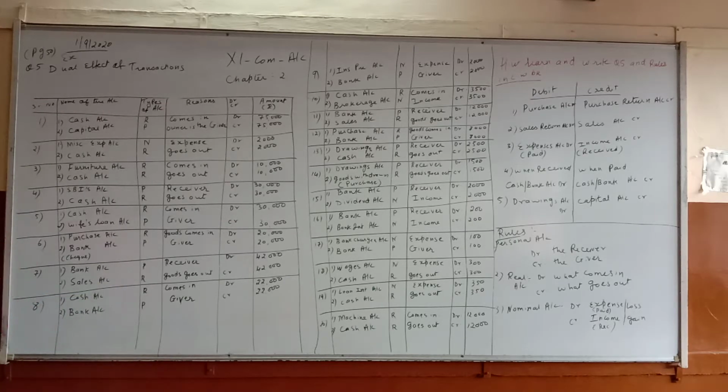In question 5th also I have drawn the columns for the dual effect of the transaction. The columns are the serial number, that is the transaction numbers. Name of the account means which two accounts are affected. Types of accounts means whether these two accounts are real, personal or nominal.